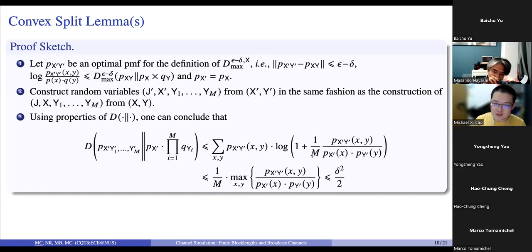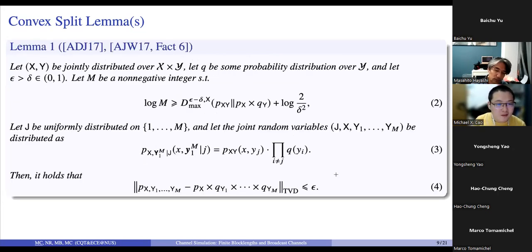This is just a property of KL divergence. Then this is because of the previous lemma.